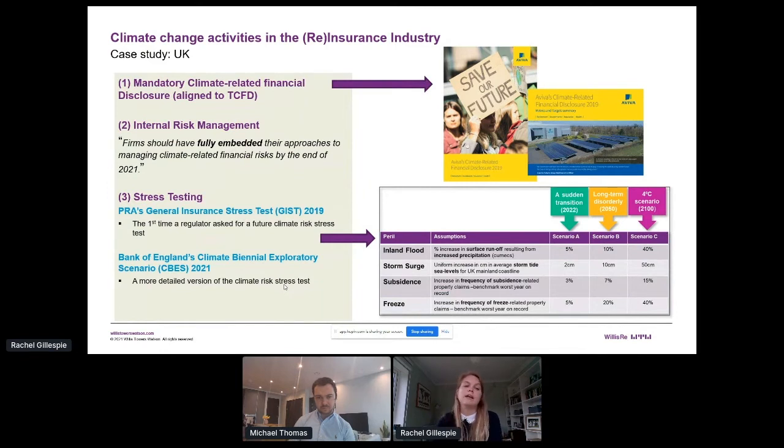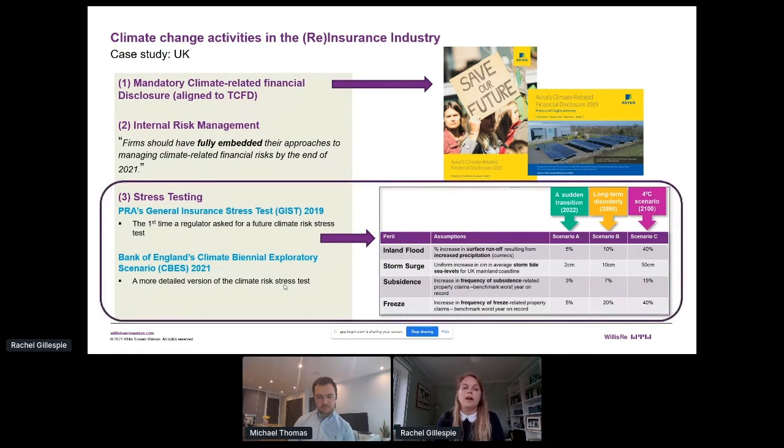And now for the UK, firms should have a really embedded climate-related financial risk focus. And that's at a board level. And then the 3rd section, stress testing. And this is the main section that we're going to carry on talking about in this presentation.